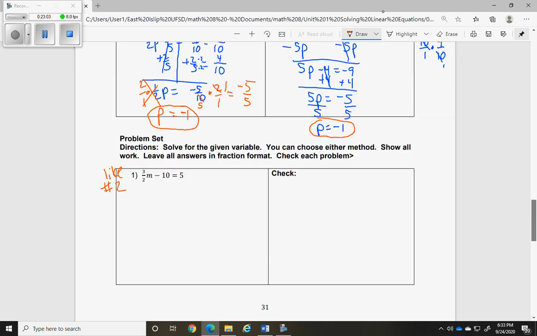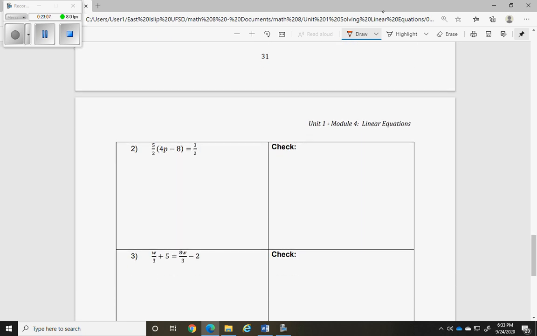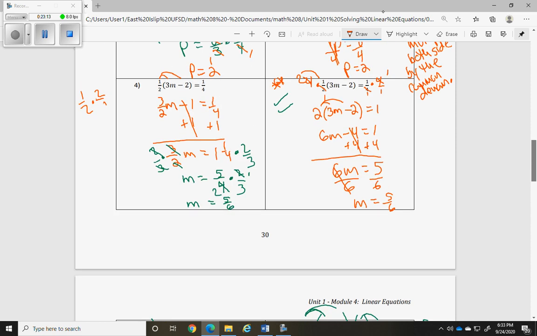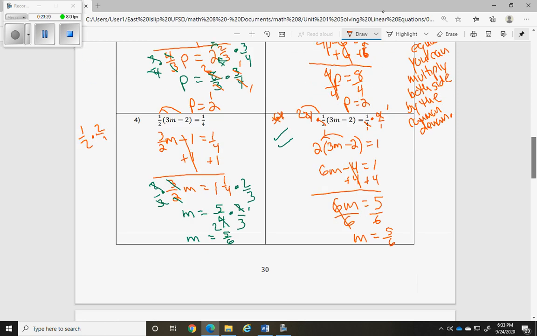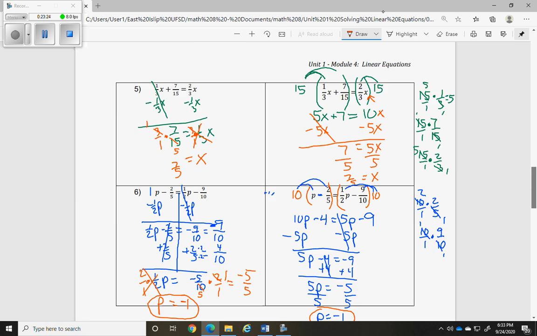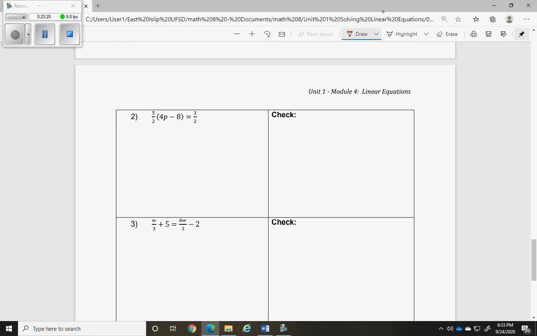There's only 3 questions in your problem set. This one, let's see which one we could refer to. It looks like number 4. Number 3 and 4 are pretty similar. It is like number 3, if you want to use number 3 as a reference.